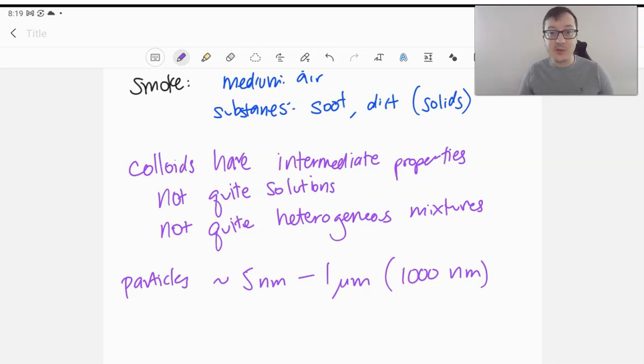Something like sand, which has particles of millimeter size, those will fall out of solution. And so if you take muddy water and allow it to sit, you'll see that those particles will settle out because they're big enough. But what's interesting is they're also able to scatter light.